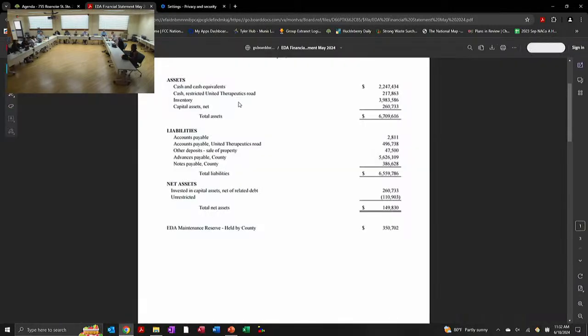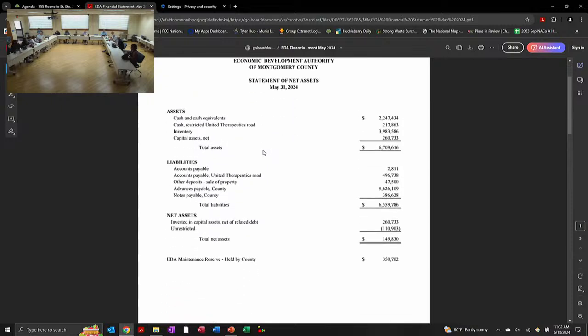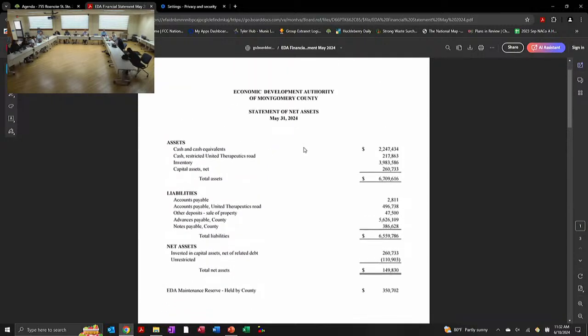Next we have the treasurer's report. If you open the tab for that, it's on the screen as well. There were no significant changes since last month. It's fairly standard operations for the month.